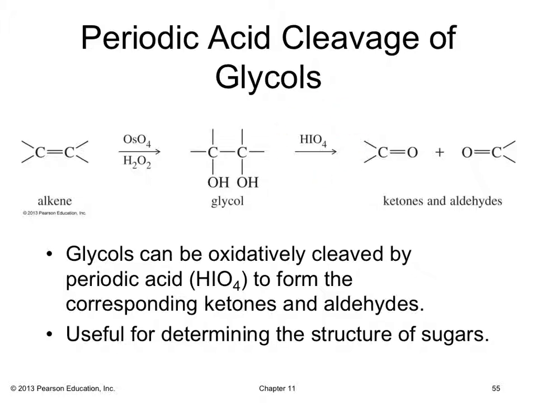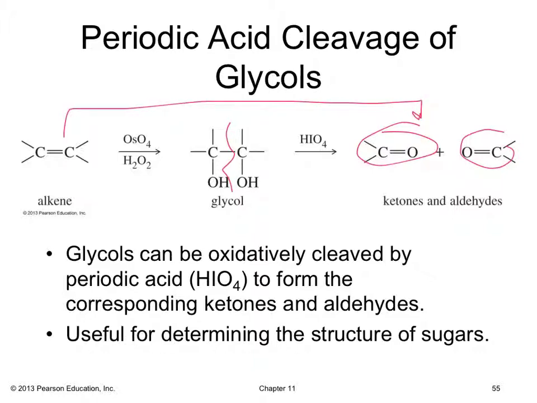Then in the presence of periodic acid, HIO4, I'm going to cleave this essentially and form ketones and aldehydes. So it's kind of like just starting over here and going to here. You can use ozone, right, with DMS. But instead of that, you could do a two-step reaction in which you form the glycol here and then cleave with periodate.